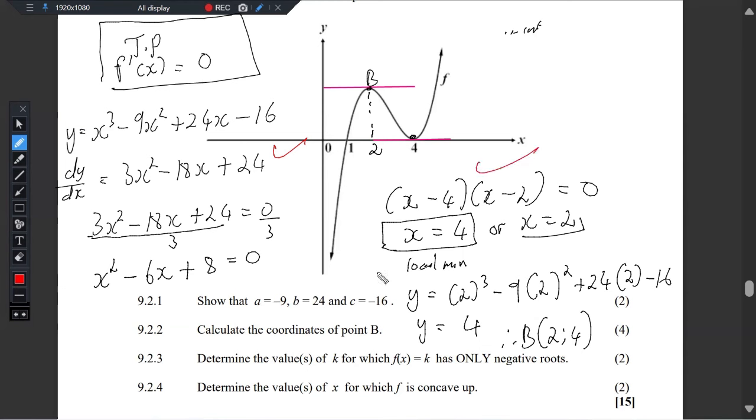And then having to find the x values, the y values. So your y here being 4. And then also, being able to conclude that your B is 2, 4. So there were 4 marks.